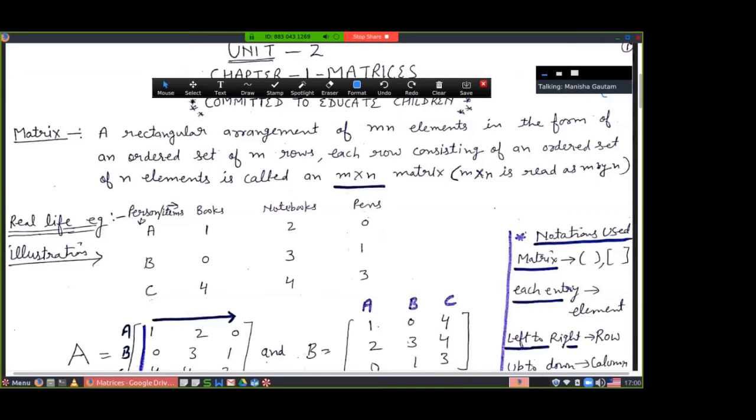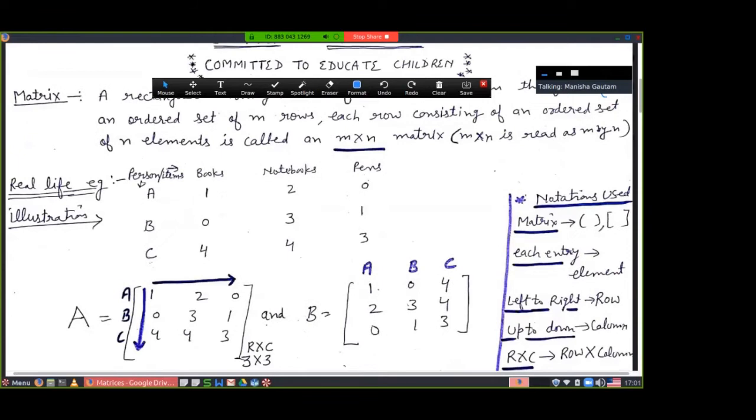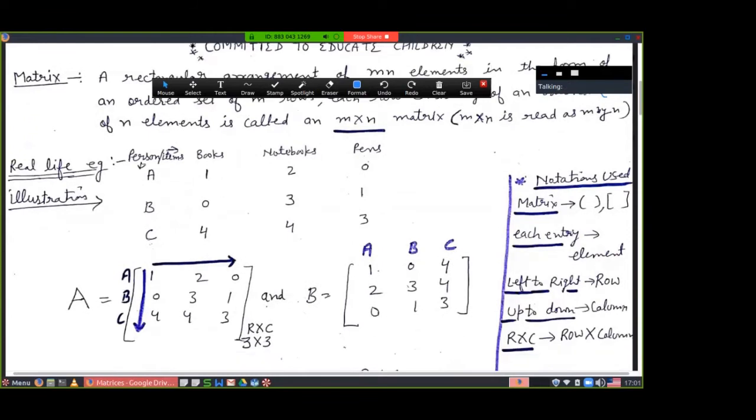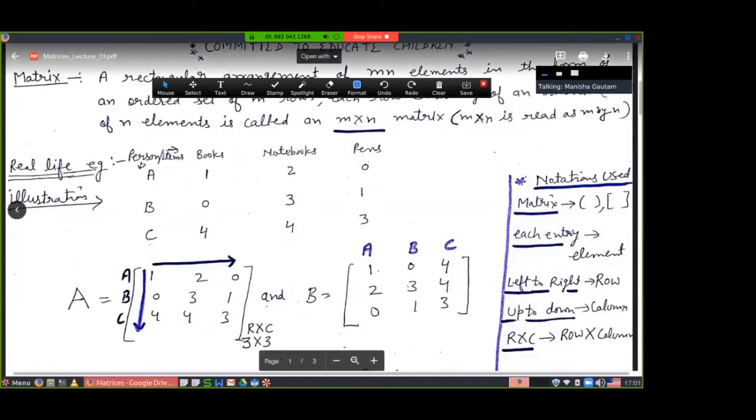A, B, C are students. If I want to write this information in the form of a matrix, then I have to write down this information as below. Whenever you write any matrix, the notation of the matrix is a capital letter.